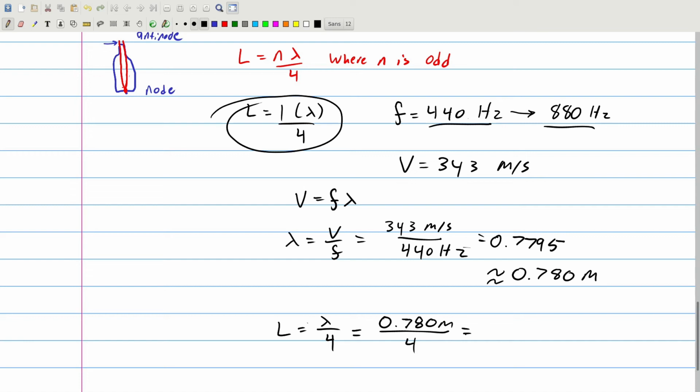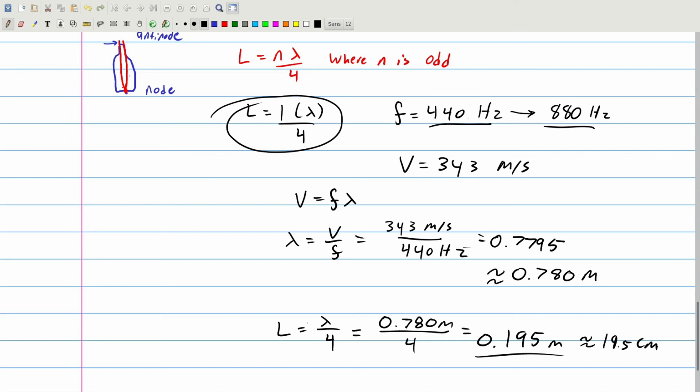That's equal to, and I'm going to use the exact number here when I divide, I get 0.19, call it 5 meters. So 19.5 centimeters is how big this thing needs to be.